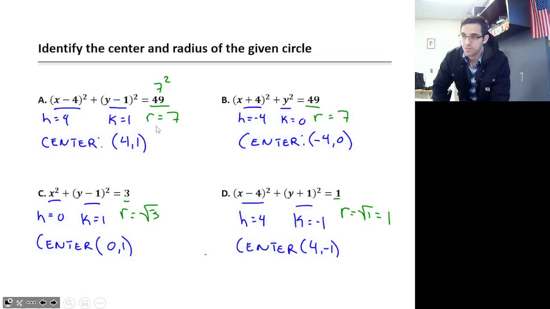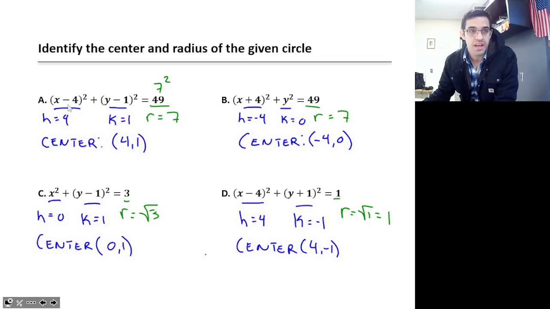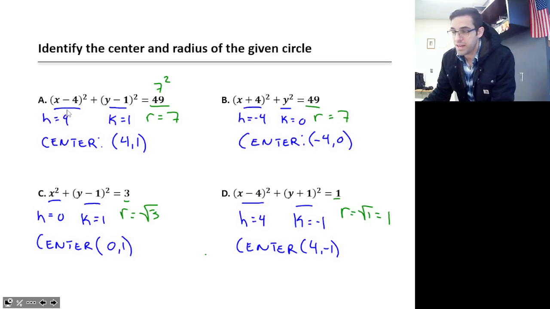Alright, those will be the centers of the circles. Notice that in example A, it's x minus 4 squared and y minus 1 squared, so our center is positive 4, positive 1. In B, it's plus 4, and it's just y squared. So our h would be negative 4, and our k would be 0. So negative 4, 0 is the center of that circle.